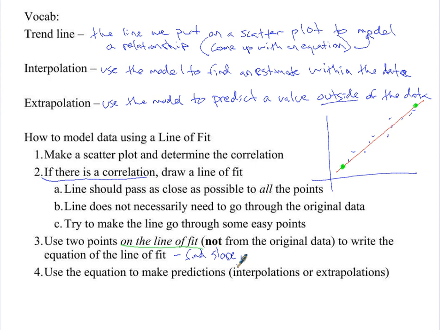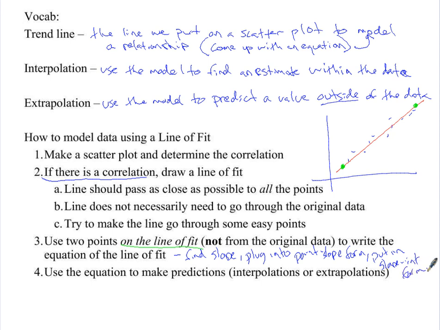What's that one called? Plug into point slope form. And then once you have that written down, what are you going to do? Solve for y. So then put it in slope intercept form.